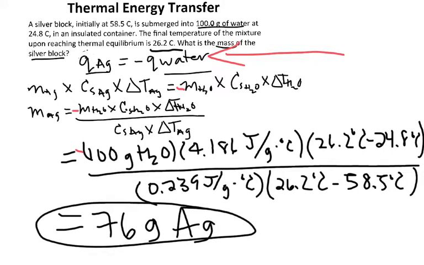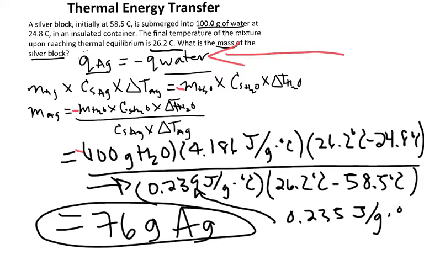I was using a specific heat capacity for silver that I just Googled, but I was just looking in your book, and actually the one in your book is 0.235 joules per gram times degrees Celsius, which is the correct value.